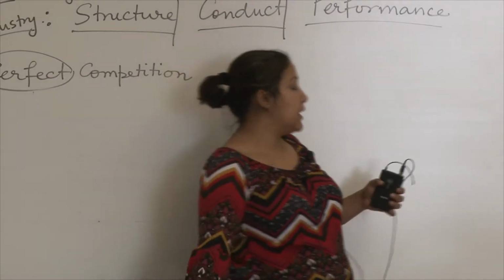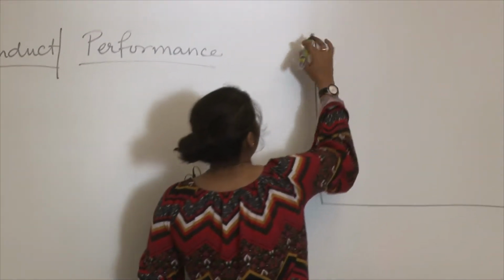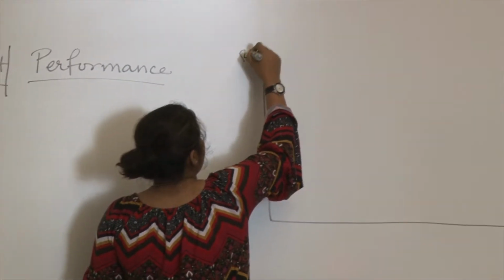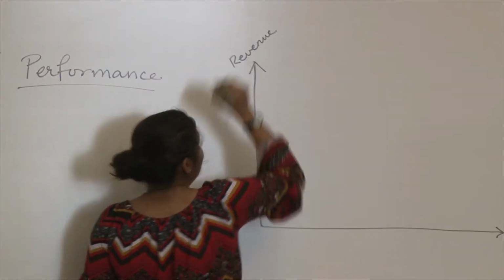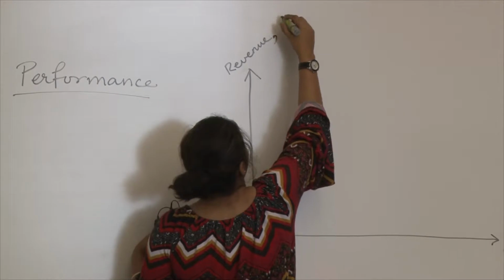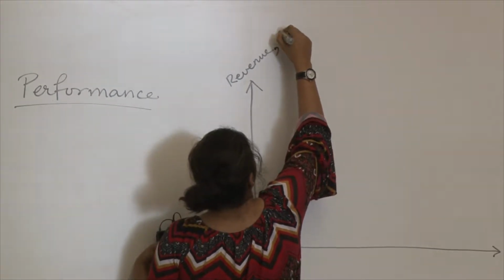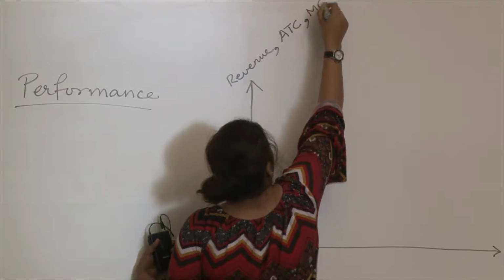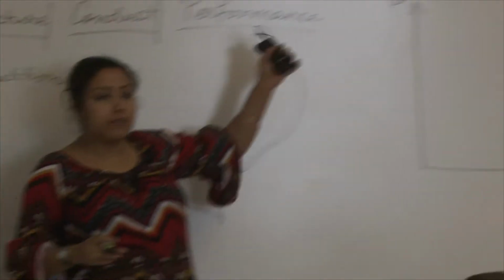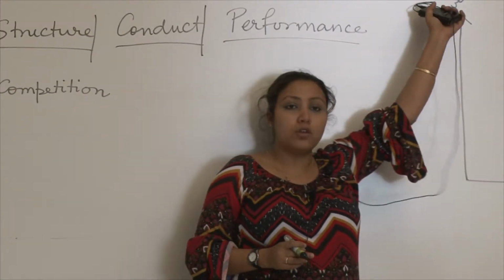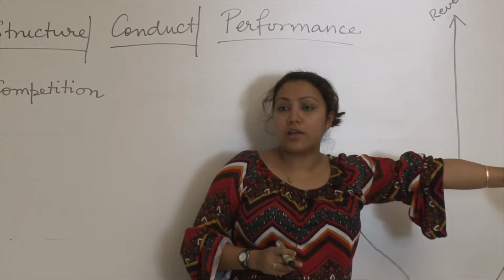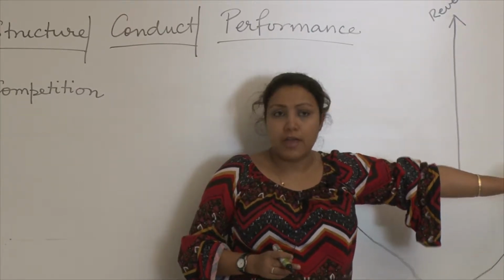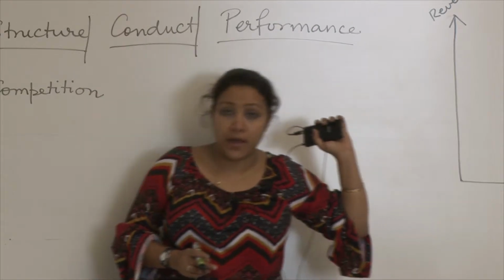The second axis, the y-axis, is where we measure everything else, that is revenue, total cost, the average total cost, and also the marginal cost. So, any cost, revenue, profit, everything goes on the y-axis. On the x-axis, you have just the quantity.